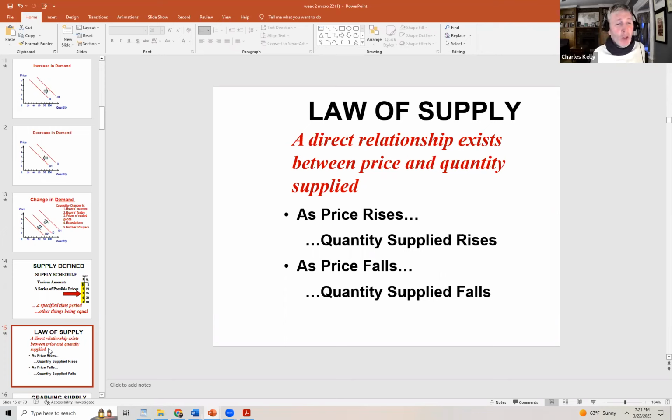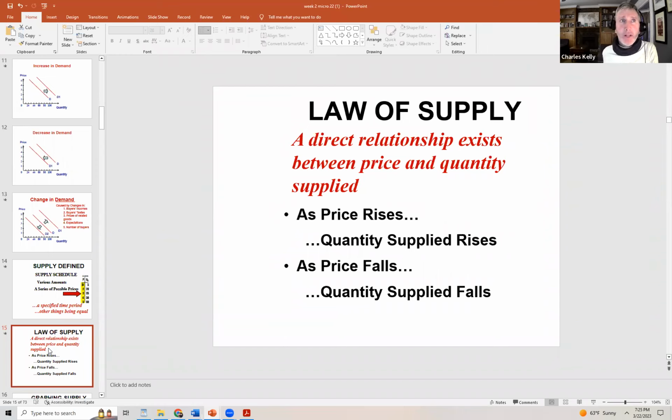And unlike the law of demand that had four nice economic reasons, for this one, we only use one. The idea is pretty simple. If you're a producer, you want to make more available for sale because price is going up, even though you're going to have to incur more costs. It's going to be more labor, more inputs, more materials and such. But you're okay with that as long as price is going up.